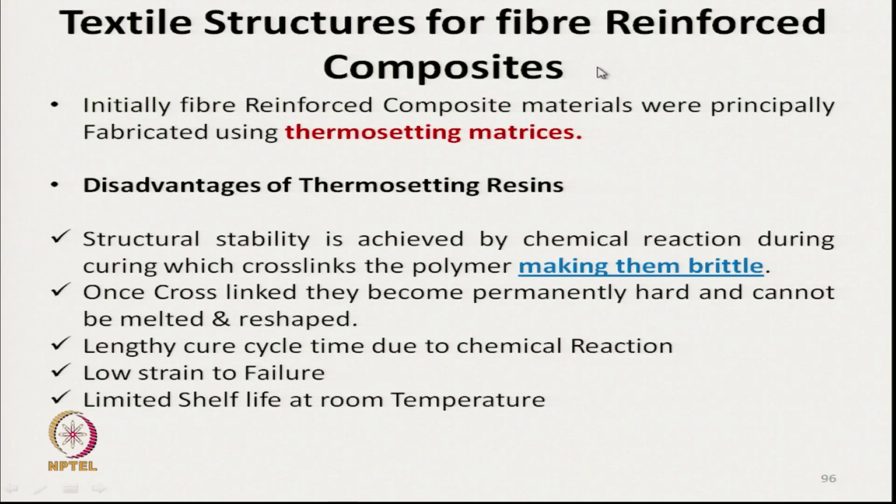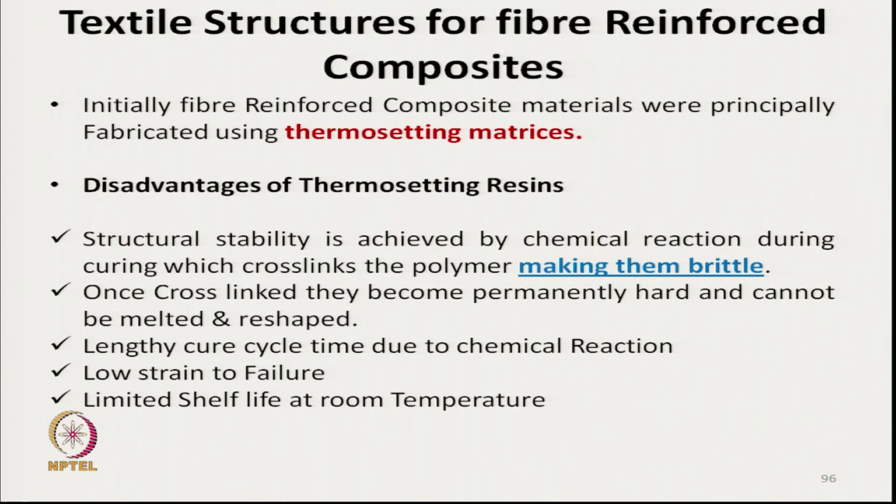The textile structures for fiber reinforced composites: initially fiber reinforced composite materials were principally fabricated using thermosetting matrices. The main disadvantages of thermosetting resins are that the structural stability is achieved by chemical reaction during curing, which is cross linking of polymer.